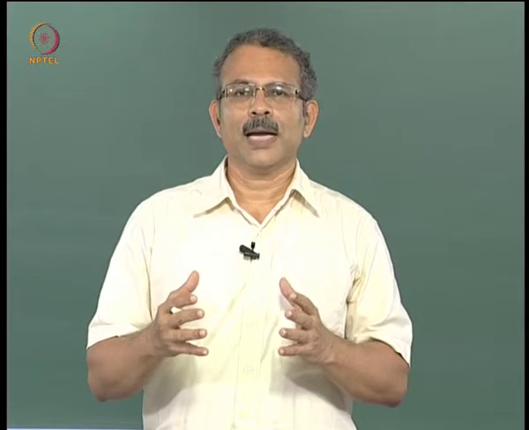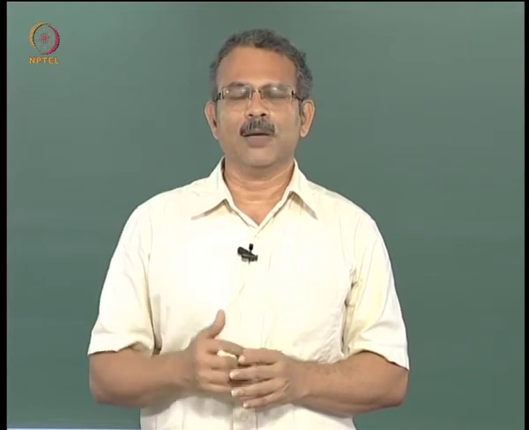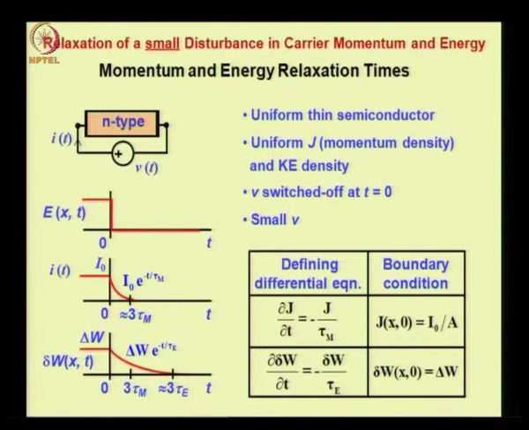So relaxation of momentum and energy happen in the same situation. The conditions with which we introduced this relaxation time were a uniform thin semiconductor and a uniform current density, which is equivalent to imposing a uniform momentum density in the semiconductor for carriers, and uniform kinetic energy density.